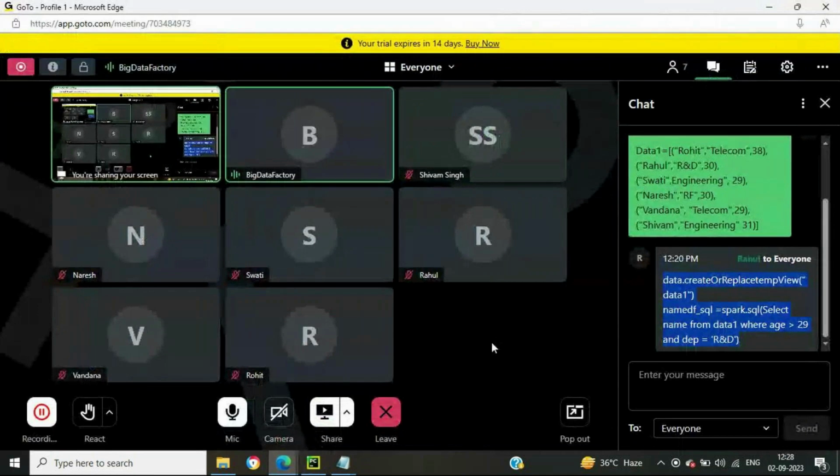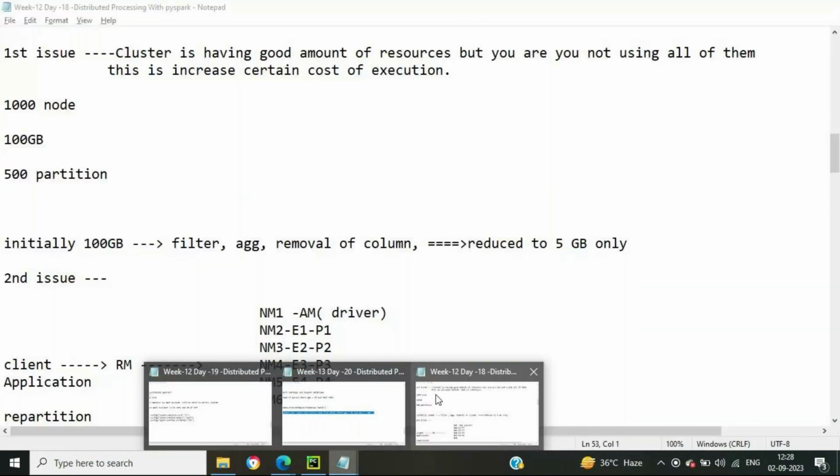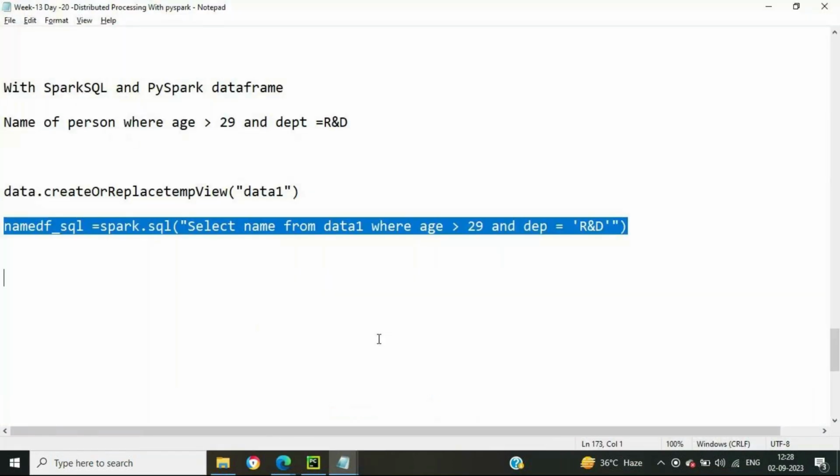Naresh, Swati, Vandana, Rohit, Shivam, how can we do it with data frames? With filter condition, can anybody tell me how we can do this?